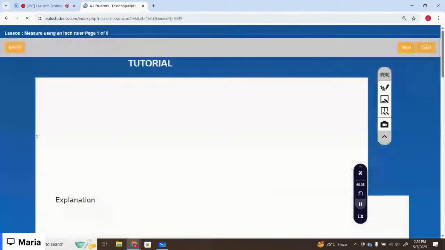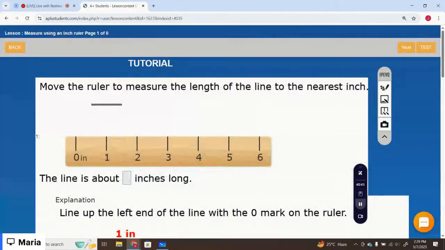Either using a hand-page ruler. Move the ruler to measure the length of the line to the nearest inch.